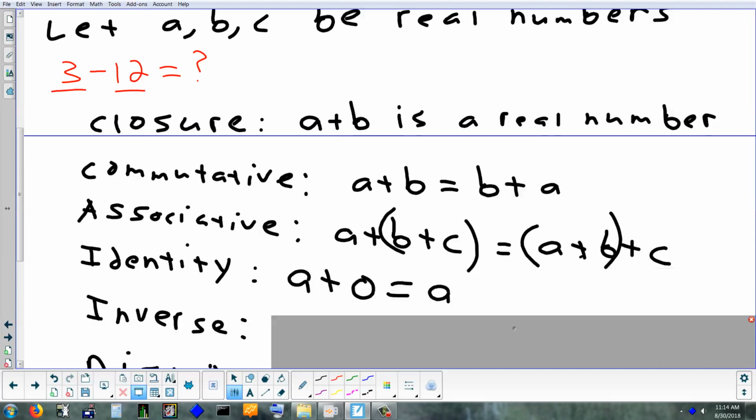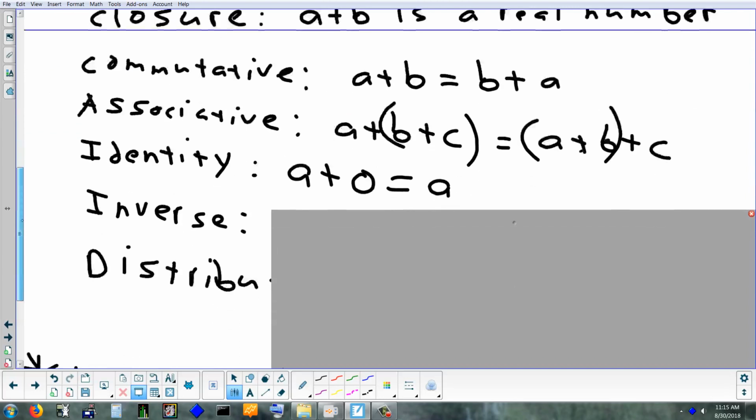What would you multiply by that never changes? 1. So the identity property is a little different for multiplication. It's more like A times 1 equals A. But commutative and associative are exactly the same, just change the plus to a times.